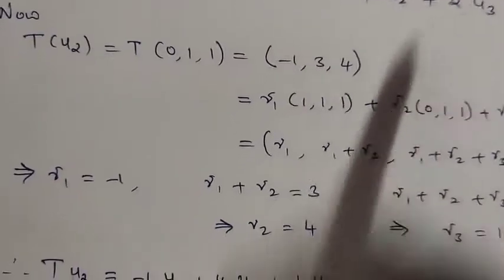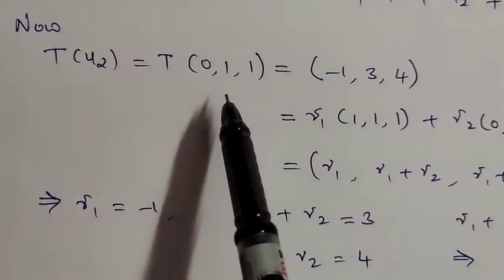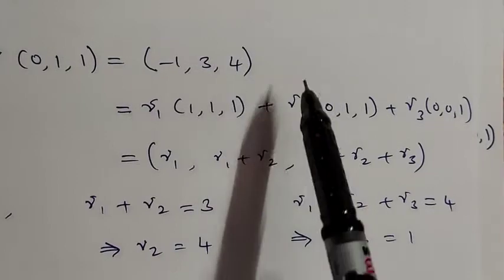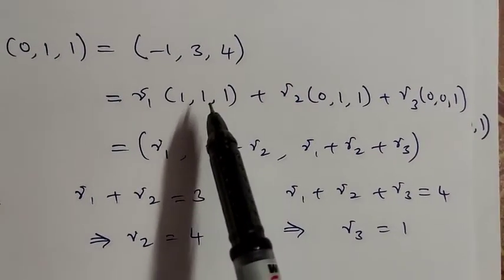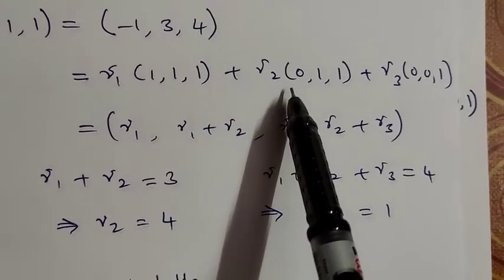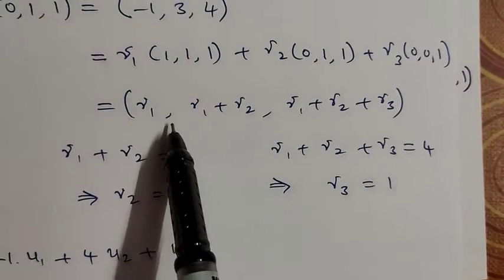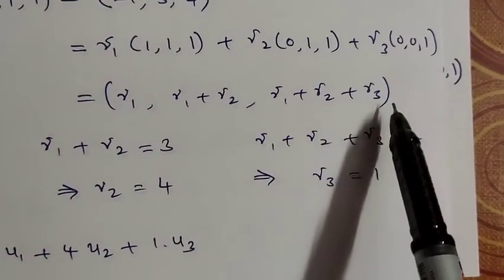Okay. Next, similarly, T of u2. T of u2 is what? T of (0, 1, 1), which is (-1, 3, 4). Same procedure as in the previous element. So gamma 1 into (1, 1, 1) plus gamma 2 into (0, 1, 1) plus gamma 3 into (0, 0, 1). So this is gamma 1, gamma 1 plus gamma 2, gamma 1 plus gamma 2 plus gamma 3.